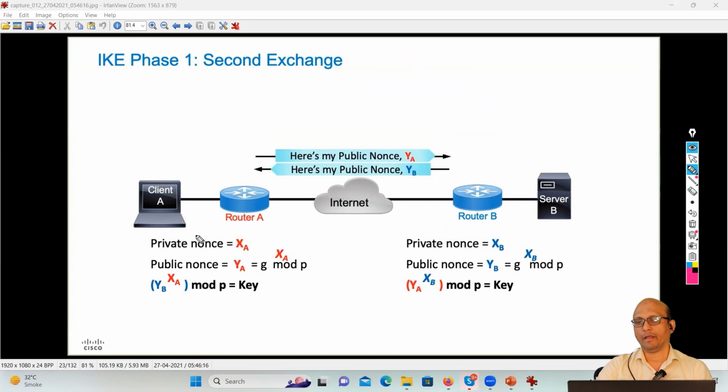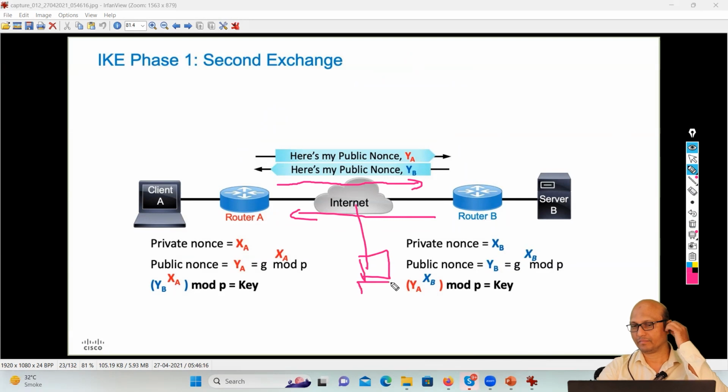Okay. So what happens? You see, in the worst case, suppose while sending the key from here to there and there to here, a hacker might rob it. And when the hacker robs the key, what is he going to do?